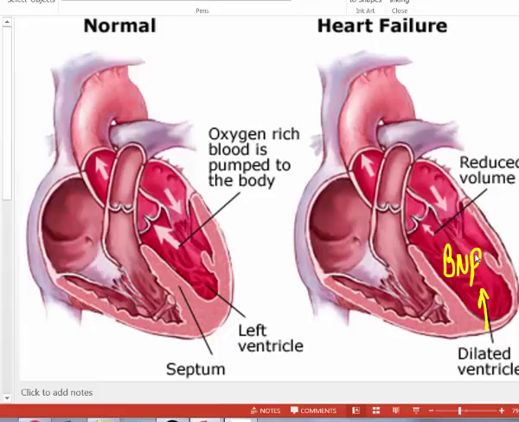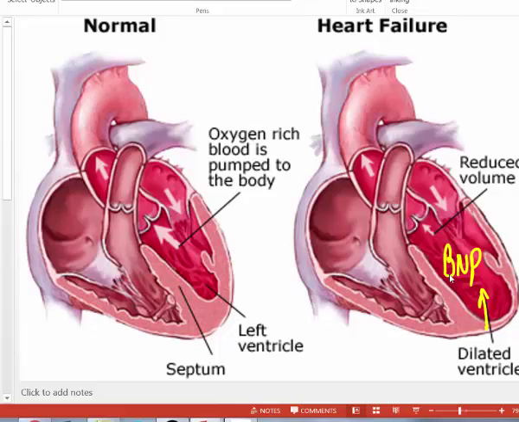Are you overstretching your left ventricle right now? Yeah, that wouldn't be good. So BNP works the same as ANP. But you only see it in the blood when your ventricle is overstretched.